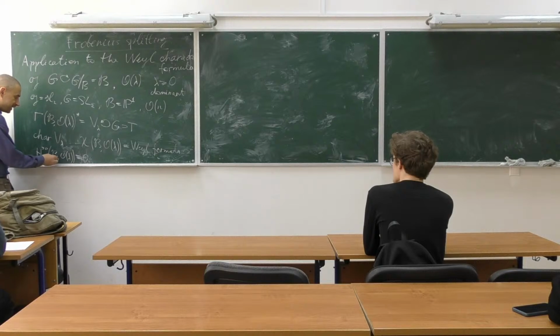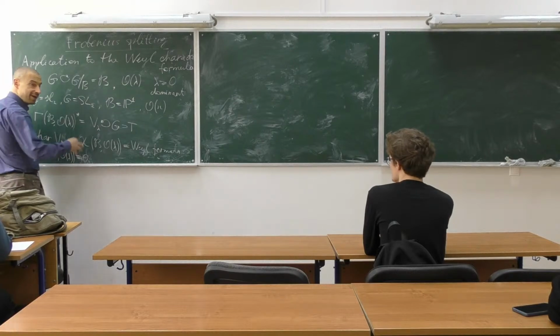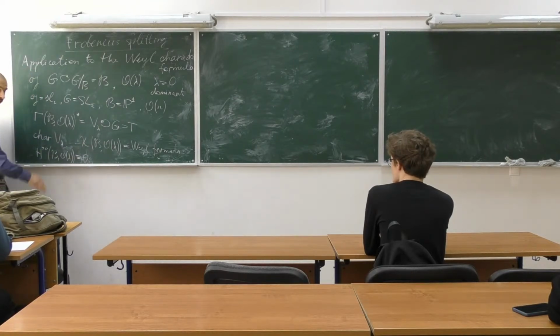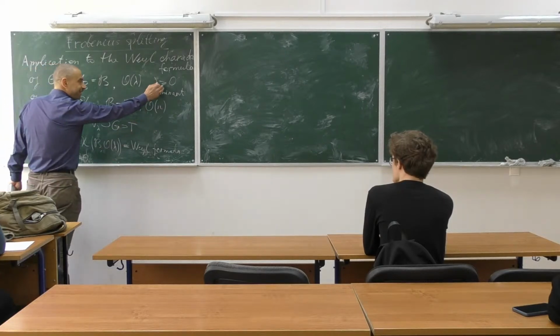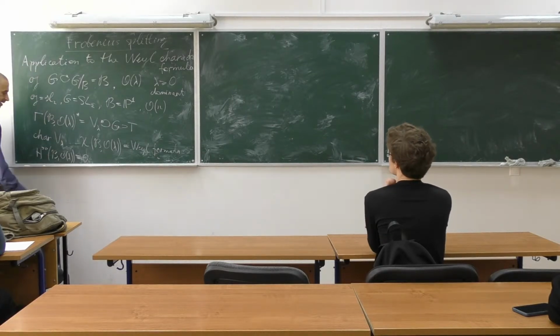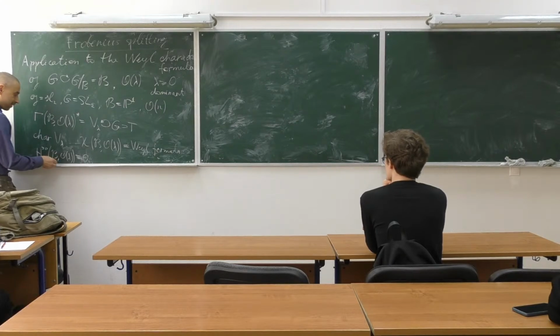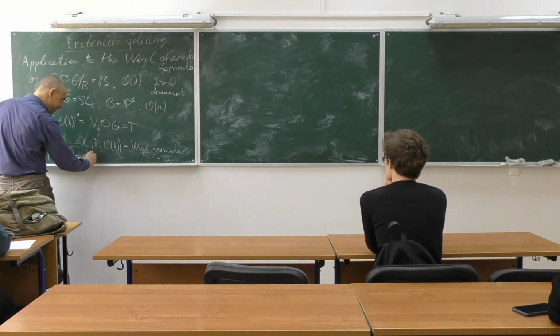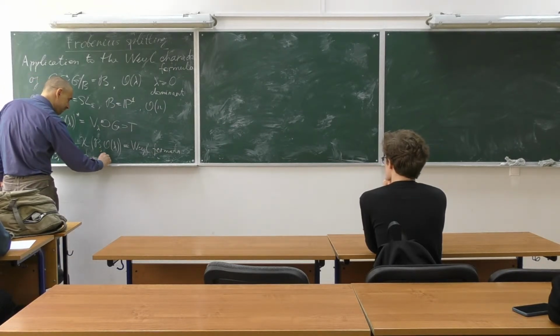What is very specific for this situation, for the flag variety, is that you don't have to take any high power at all. It vanishes right away. For any positive line bundle, there is no higher cohomology. And this is a consequence of Frobenius splitting.